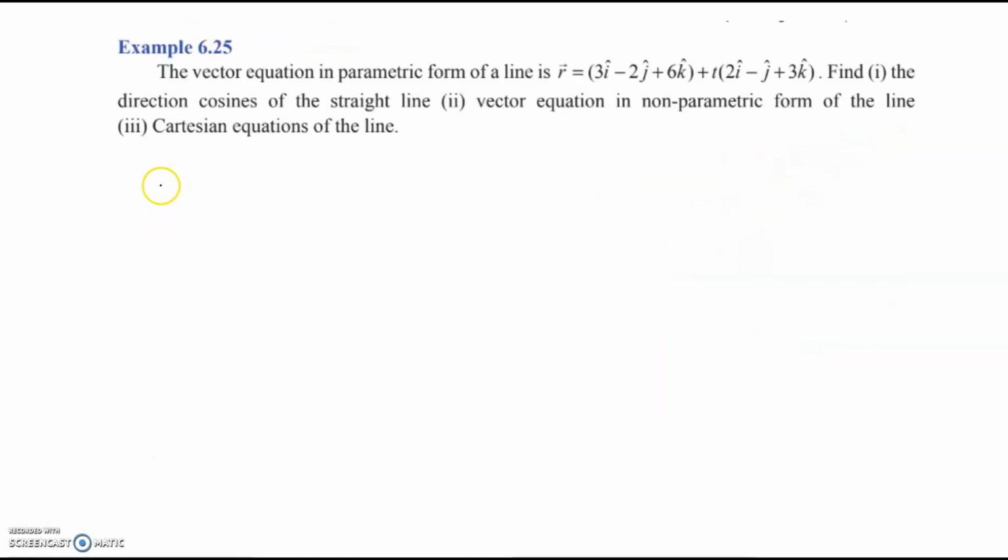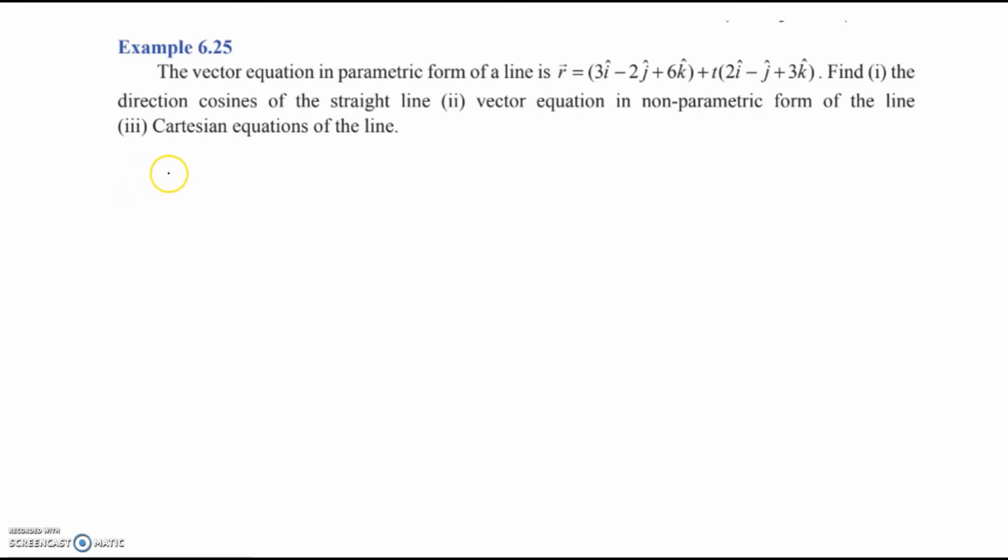Let's try and do an example problem. We are given the vector equation in parametric form of a line as r is equal to this vector plus t, this vector. Find the direction cosines of the straight line, then the vector equation in non-parametric form of the line, and third, the Cartesian equation of the line.